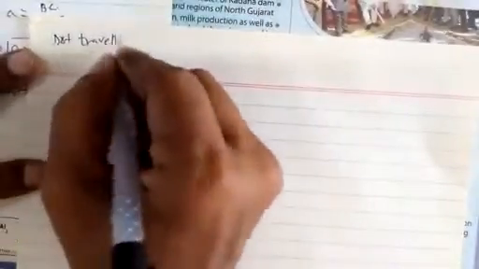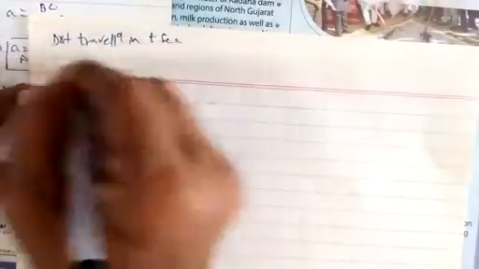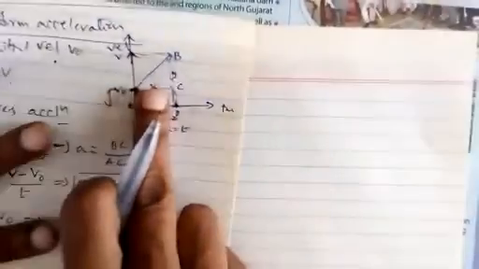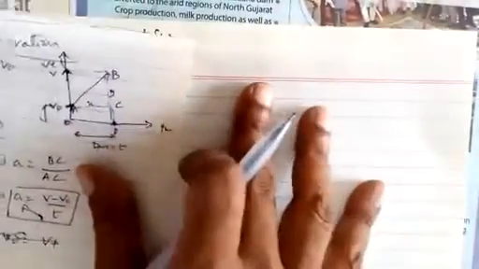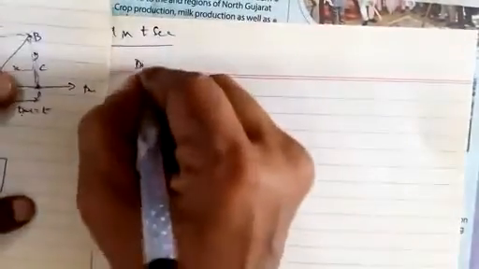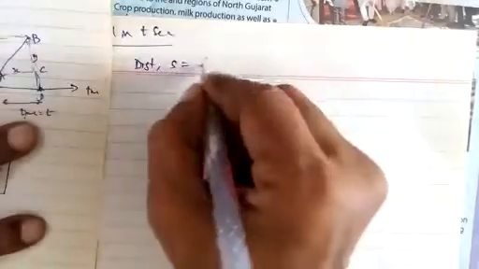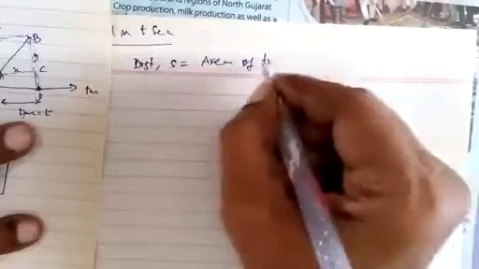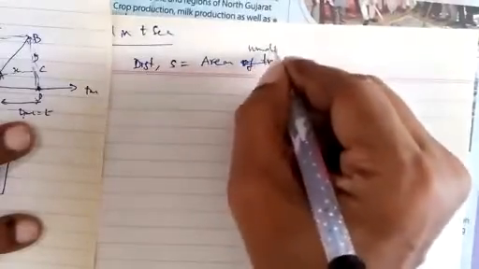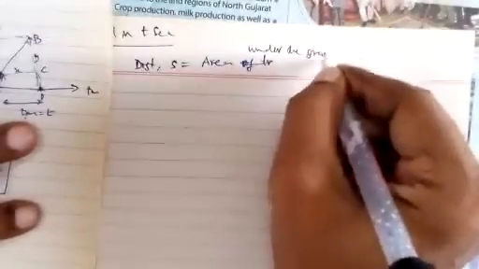We have to use this graph again here. What is the distance traveled in the t seconds? Distance s is equal to the area of the trapezium, or you can say the area under the graph.